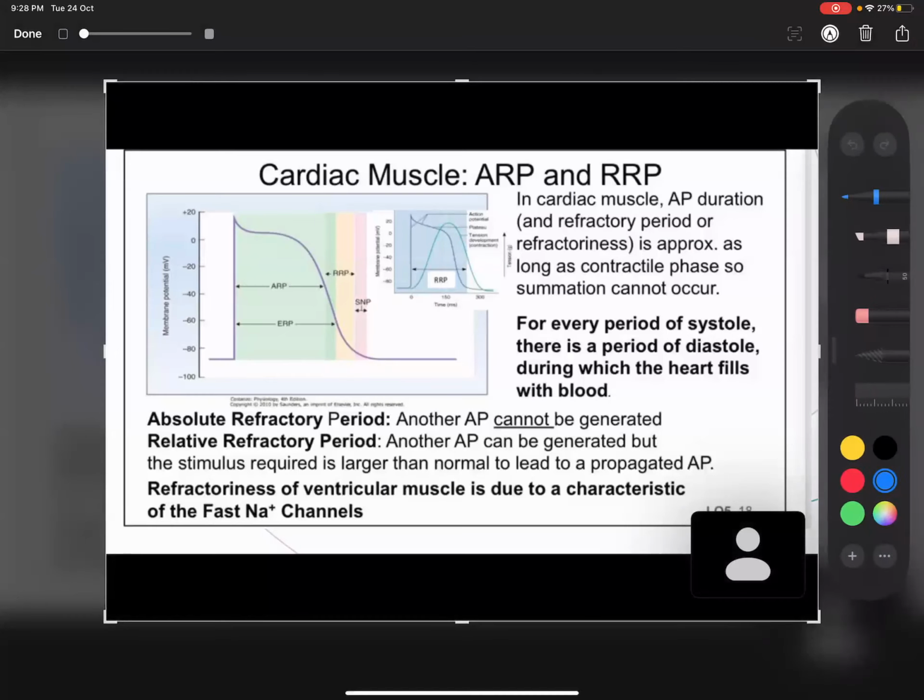During this phase, the ARP, there is no way a new contraction can be generated. And usually here we have calcium. The question said they wanted to activate the sodium channels, and sodium equals depolarization. So the question is literally testing you on the relative refractory period.